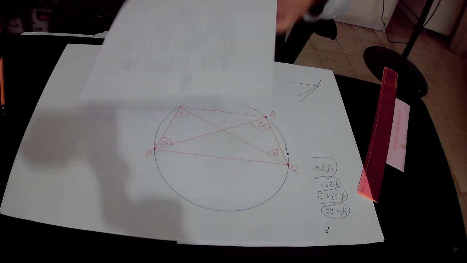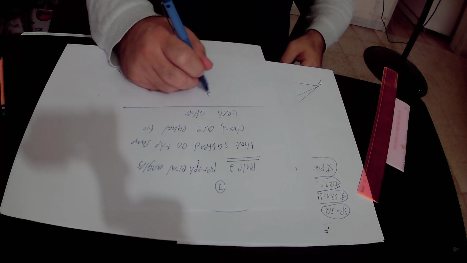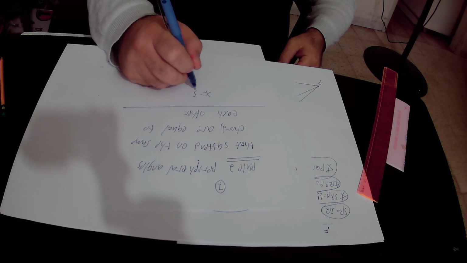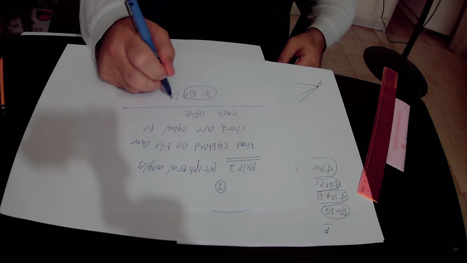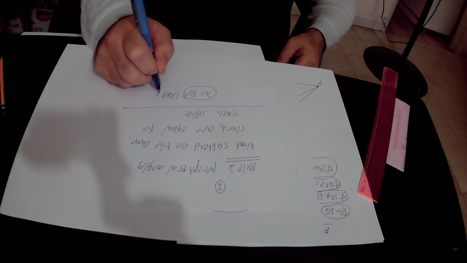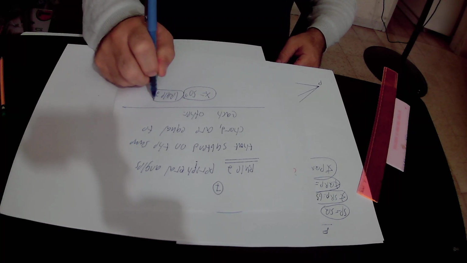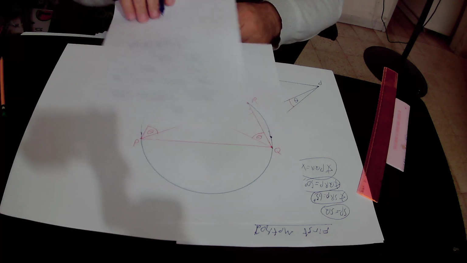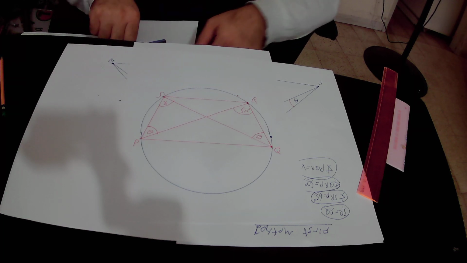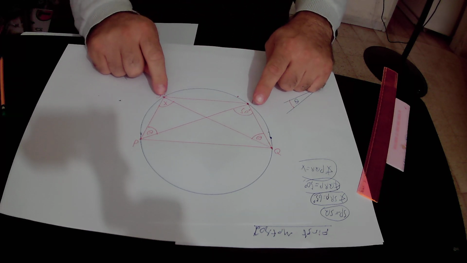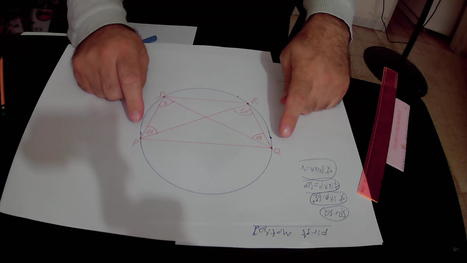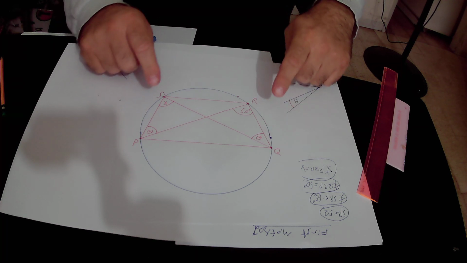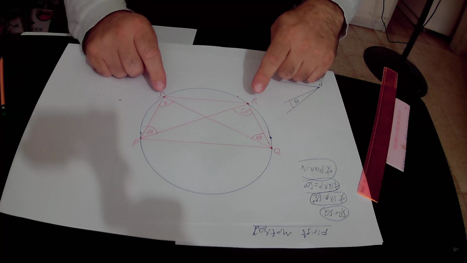So actually we found out that x equals 50 degrees according to rule number 2. I will explain again. Those two peripheral angles x and PRQ that equals 50 degrees subtend on the same chord PQ. Therefore, they are equal to each other according to rule number 2.